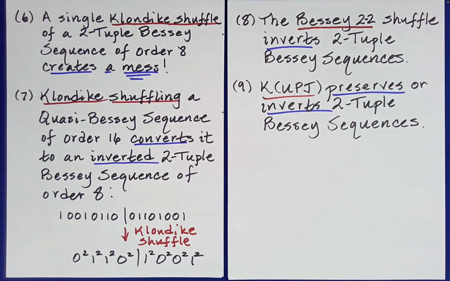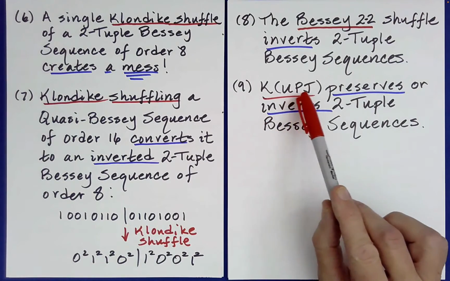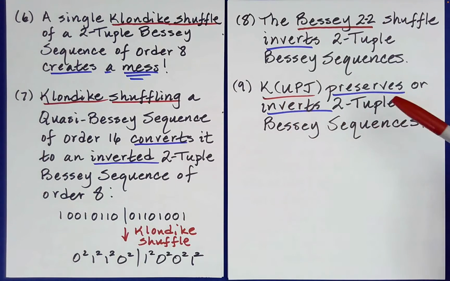So that's very nice. Okay, and I have also discovered that the Klondike shuffle followed by an up jog, so this will be an even or odd up jog, will either preserve or invert a two-tuple Bessie sequence.